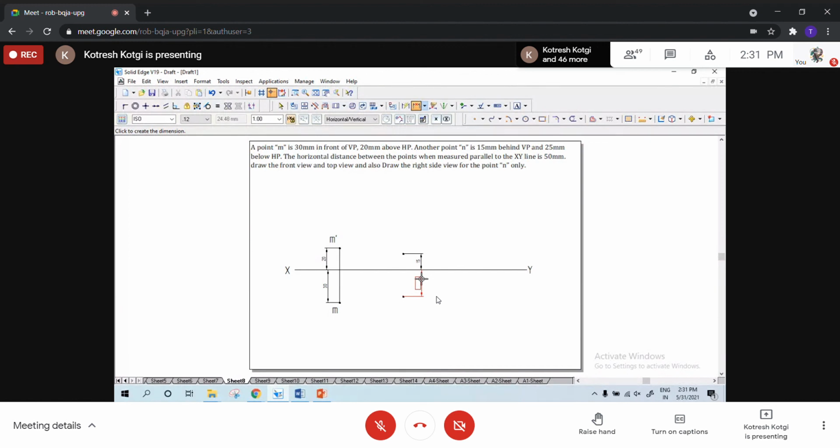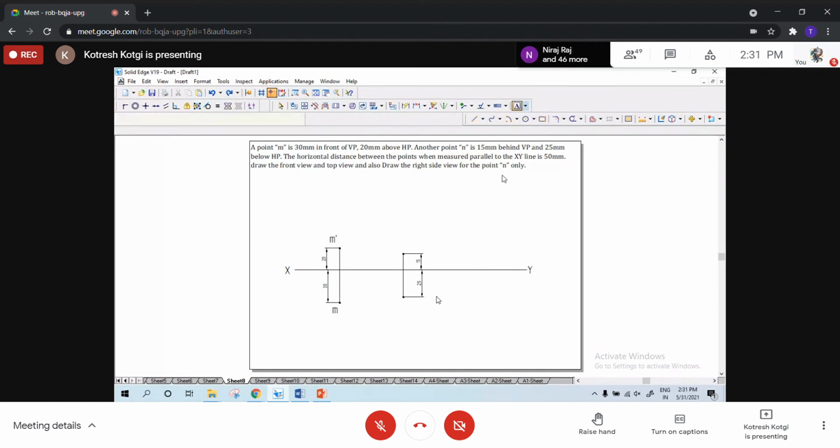That is the distance from HP. Okay, what is that? 25, right? You see here. Now what I am drawing is the end projector of point N. As you know, you see how to confirm they are on the same line.